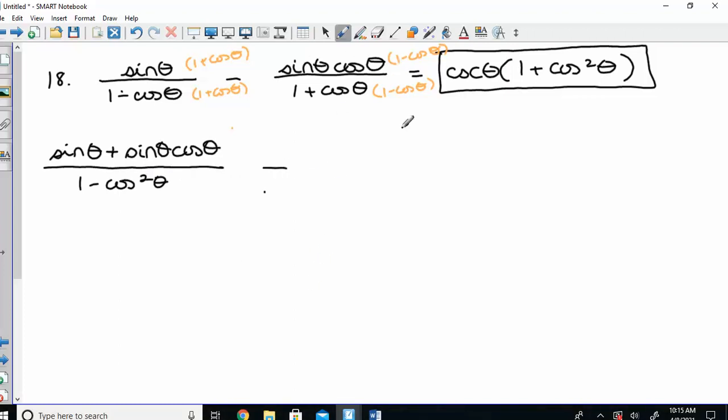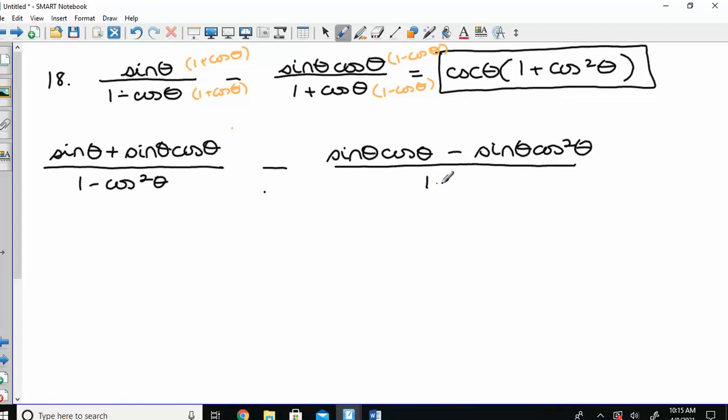Minus the second fraction, if we distribute, that's sine theta cosine theta minus sine theta cosine squared theta over 1 minus cosine squared theta.